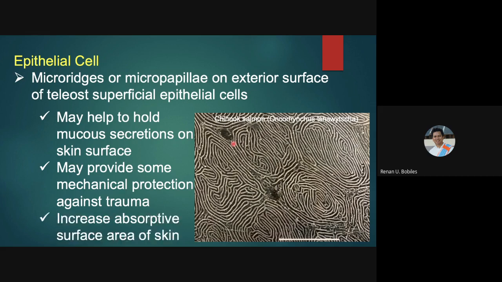And it increases the absorptive surface area of the skin. It increases absorptive area of the skin. So therefore, these microridges, in general, provide protection basically from dehydration and trauma.